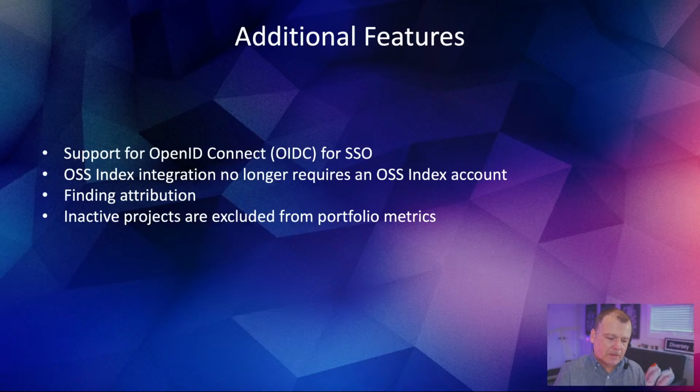It was kind of on the roadmap anyway, but one of the things that the Dependency-Track project had to do in order to make this integration much more seamless for Dependency-Track users was really about finding attributions, right? Today in Dependency-Track 3.x, if you have a project and it has some SBOMs or components, you'll see the vulnerabilities, but you won't actually know what scanner, what analyzer is attributed with finding them.